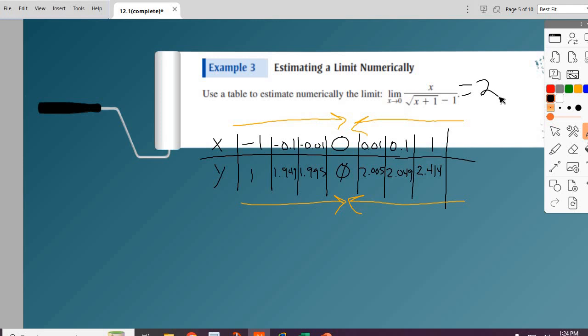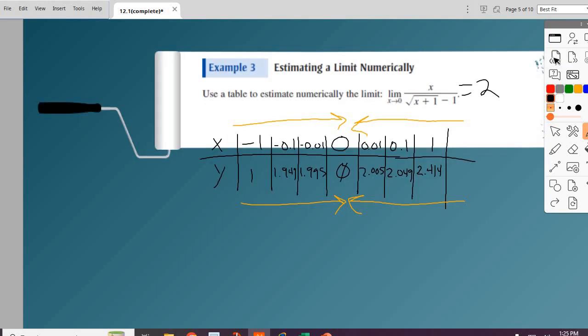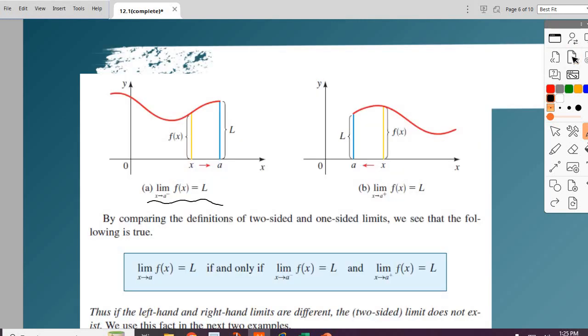Alright. So, next up, you don't have to write this down. It's very wordy. Basically, all that it says is notice that when we made our table, what type of values did we have to look at? Positive and negative. So I had to look at things that were to the left of my number and things that were to the right of my number. Now, when I'm doing that, they have to equal the same thing in order for the overall limit to exist.